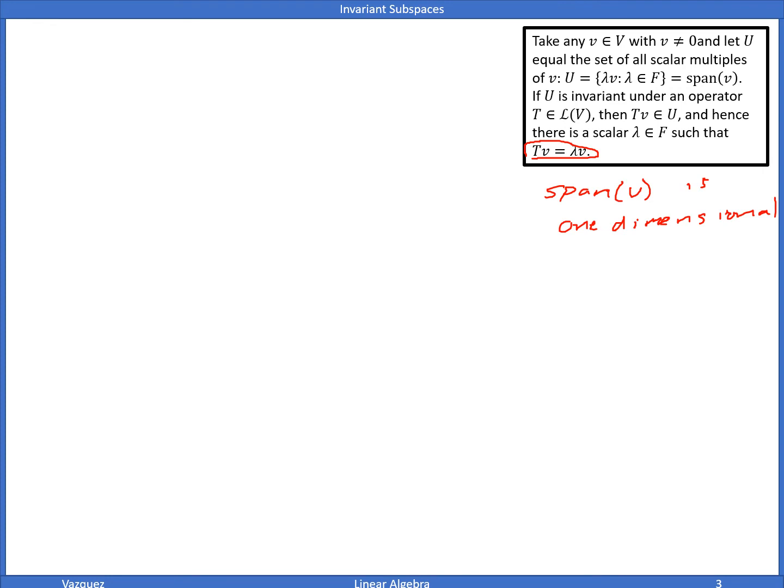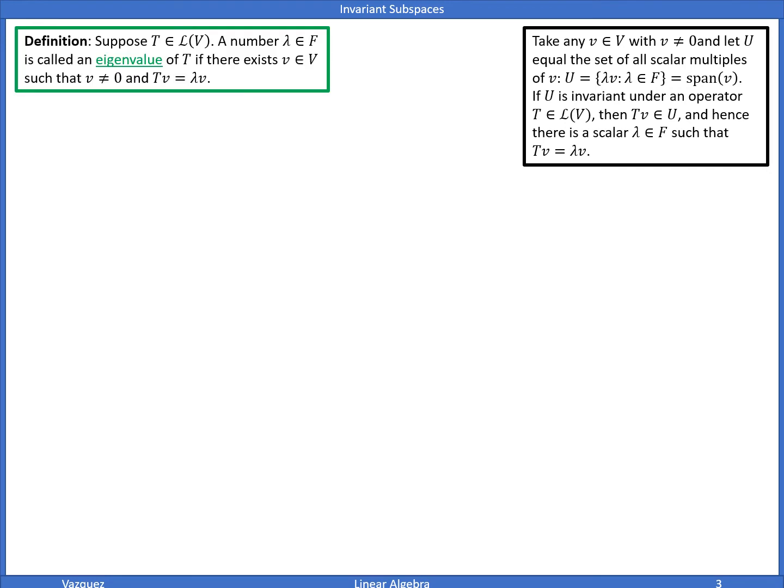It's just one vector and we're just scaling that vector. And in fact, this is important, so much so that we give this a name, and this is what I was mentioning before.